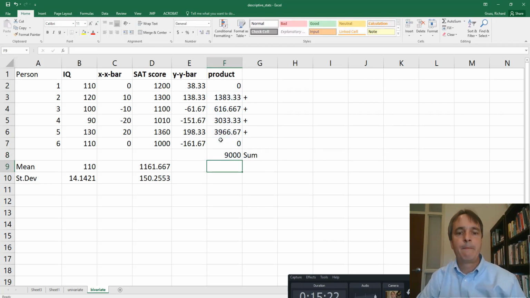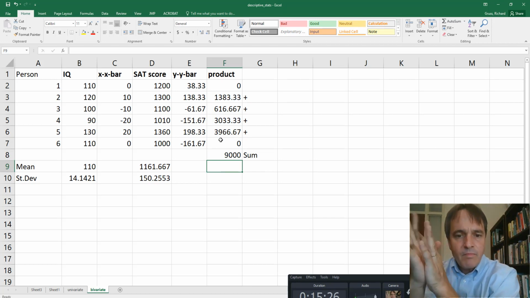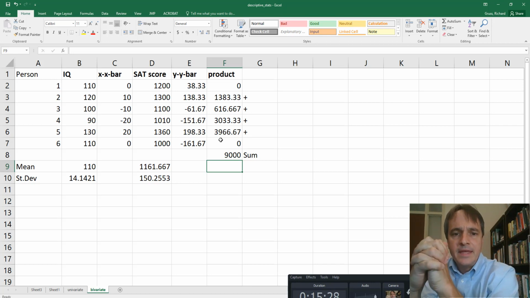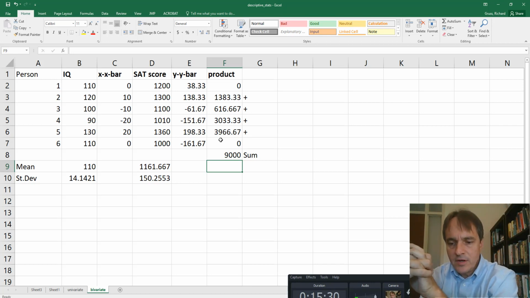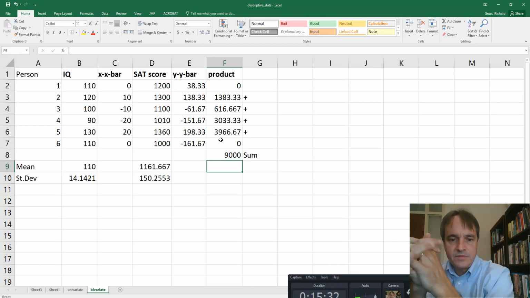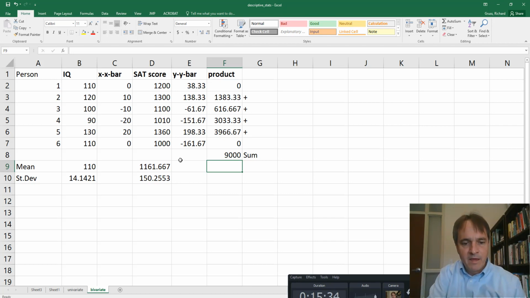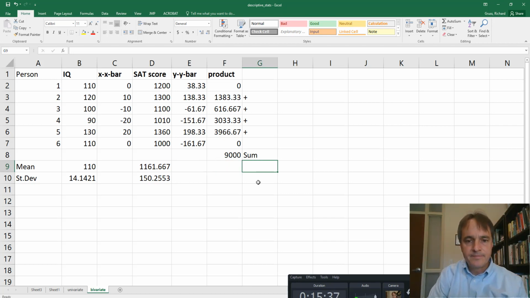So we add all these up, and there's 9,000. Now it turns out that we have most of a certain statistic called the covariance.